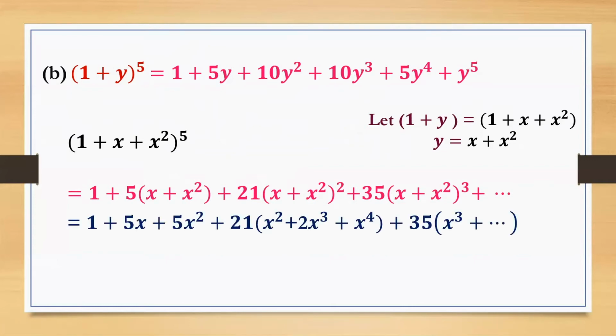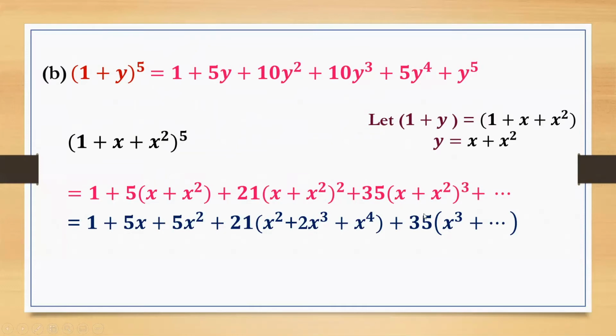Now, simplifying, I will get 1 + 5x + 5x² + 21 into, so here I have to expand, I will get x² + 2x³ + x⁴. Remember, we have learned in the first video, (a + b)² is equal to a² + 2ab + b², plus 35.